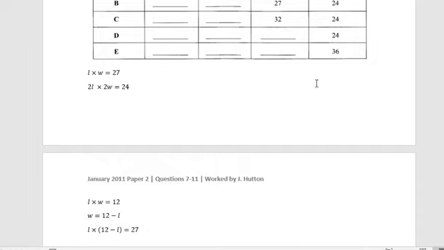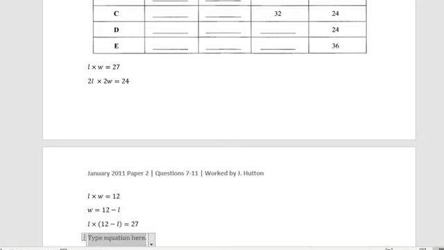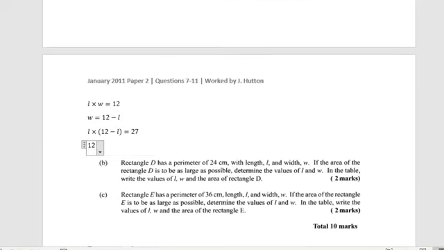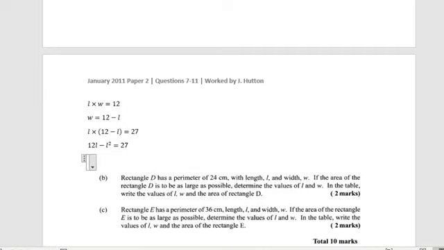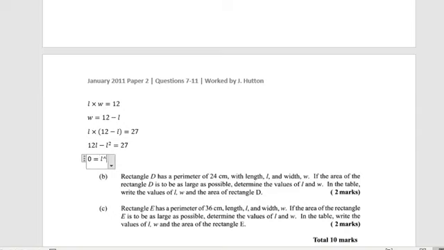So expanding using the distributive law, we're going to have L multiplied by 12 to give us 12L minus L squared, and that is equal to 27. Now I'm going to move what is on the left hand side to the right hand side. So I'm going to have 0 is equal to L squared minus 12L plus 27, and this now resembles a quadratic equation that is usually given as ax squared plus bx plus c.